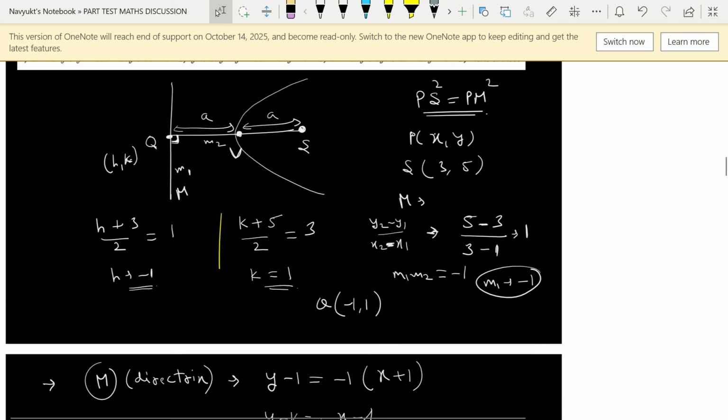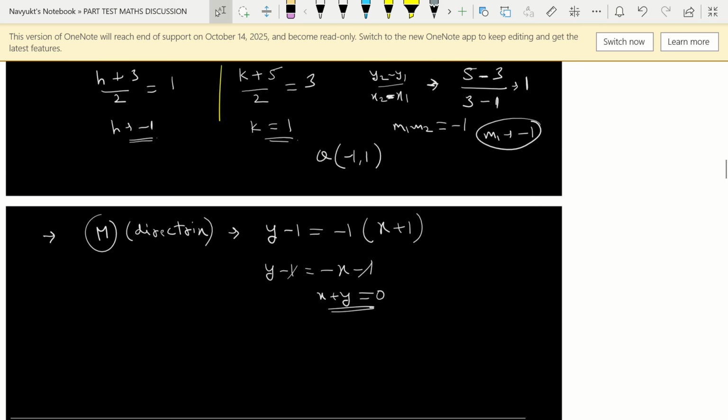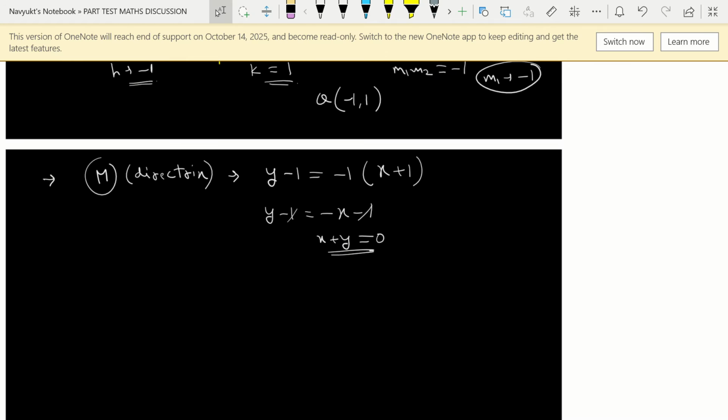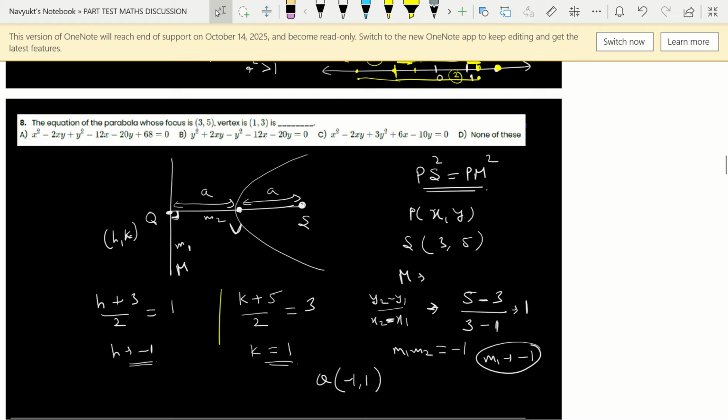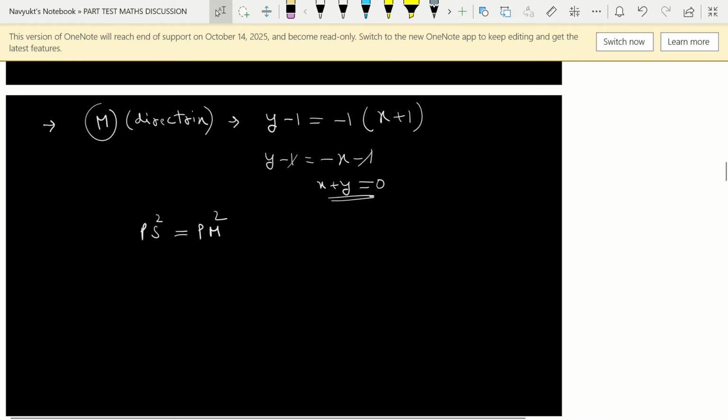And as we already discussed first, PS square equal to PM square will help us find the equation of the parabola. So simply we can do PS square equal to PM square. So S is how much? Focus 3 comma 5.